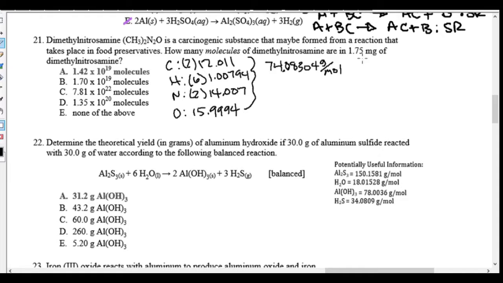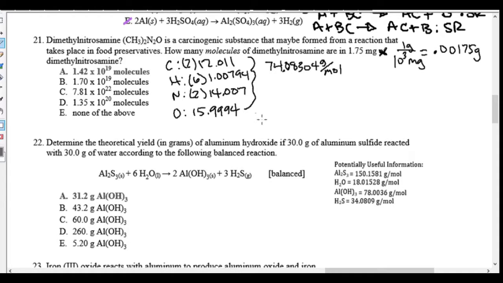So we need to convert this into grams. So 1.75 milligrams divided by 1,000 milligrams in every gram is going to give us 0.00175 grams of our substance. So let's go ahead and do the math on that really quick.